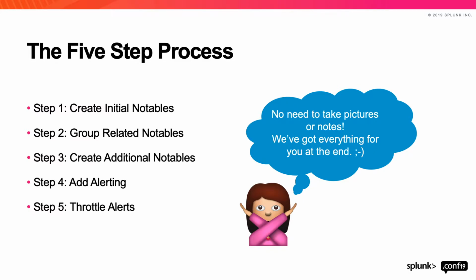Okay, so let's go over the 5-step process. In step 1, we're going to start creating some notable events in the environment. And we're going to leverage something that I think is probably not well known and not well utilized in ITSI, and it's called correlation searches. Most people know about the multi-KPI alerts.